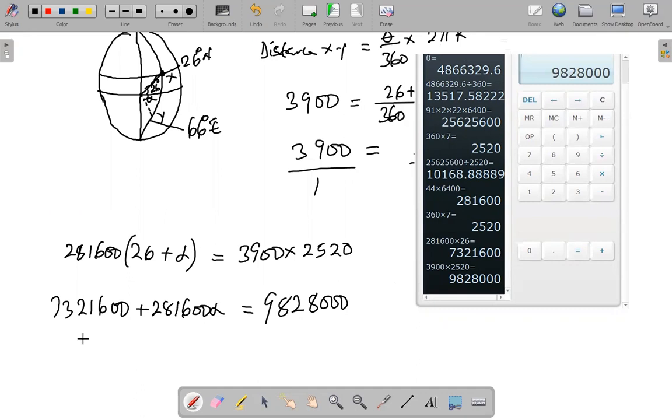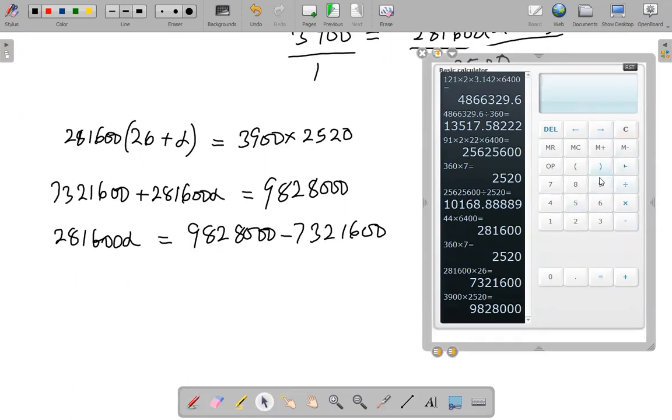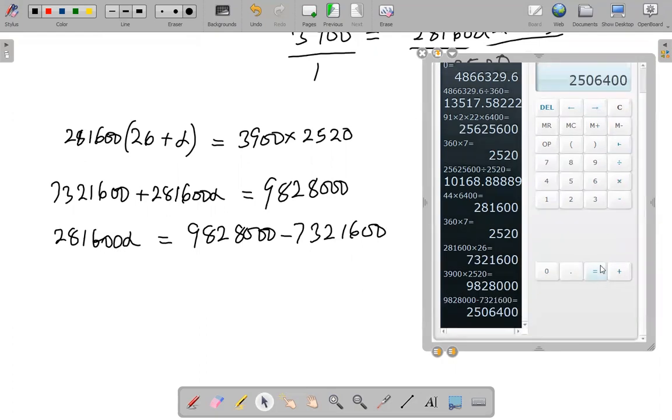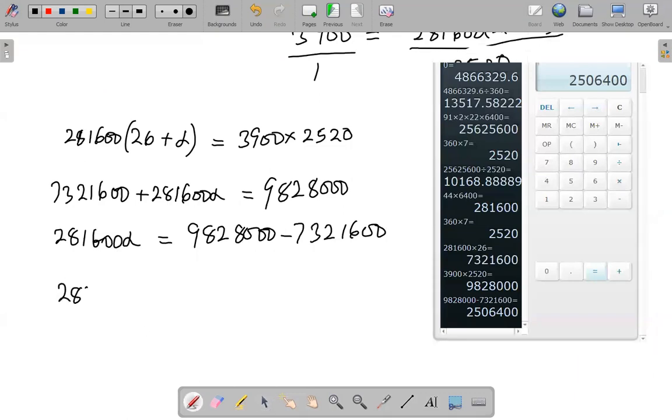Collecting like terms, we have 281,600 alpha equal to 9,828,000 minus 7,321,600, which is 2,506,400.